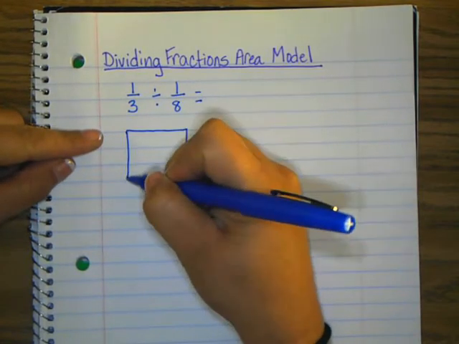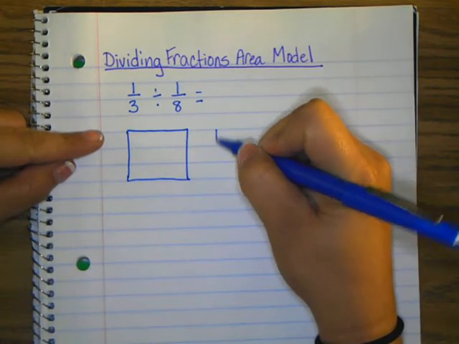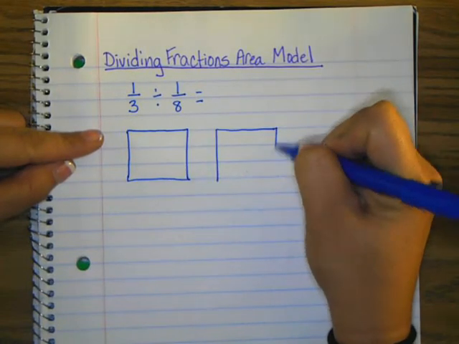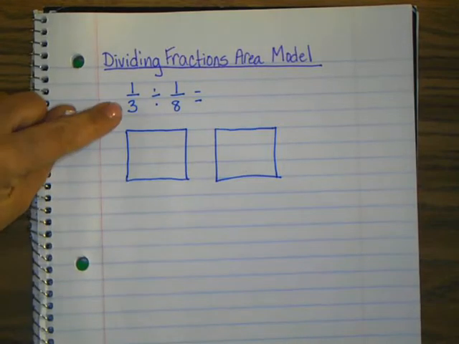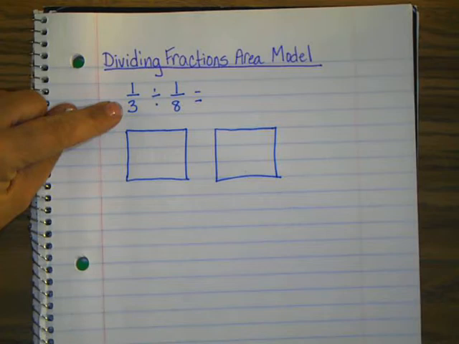So, first thing we're going to do is draw two rectangles that are exactly the same size, or as close as you can get it. So, I'm going to draw this rectangle and this one.